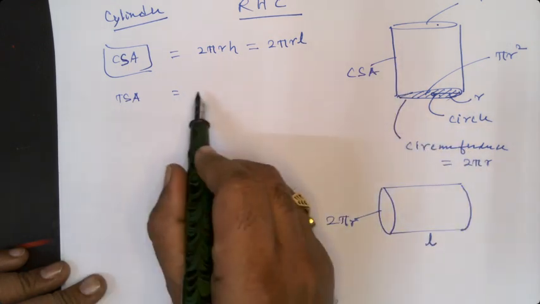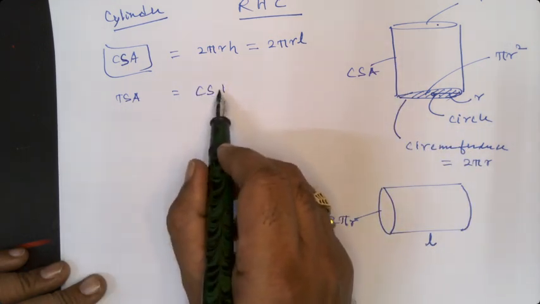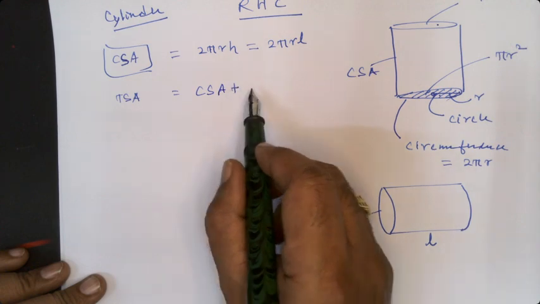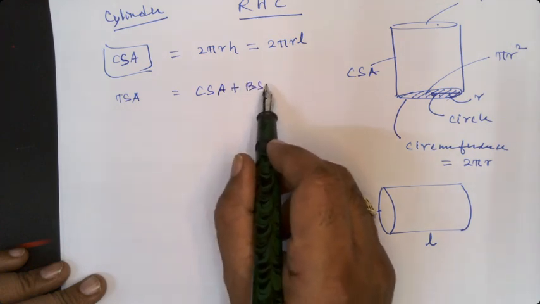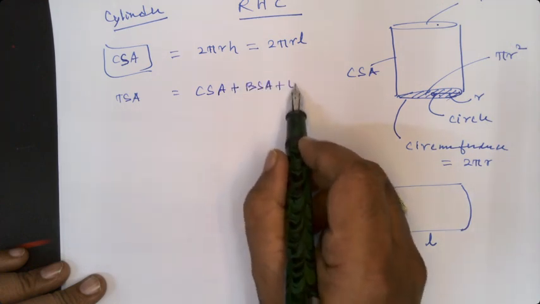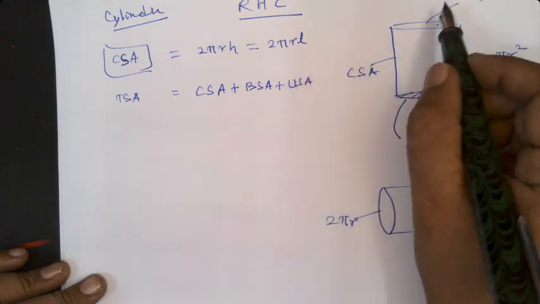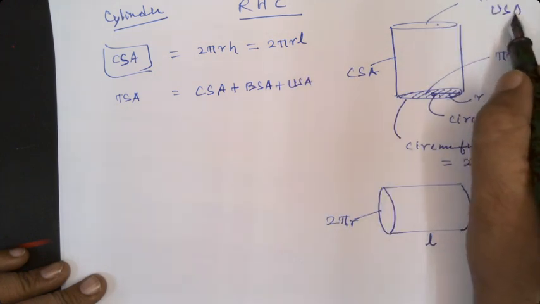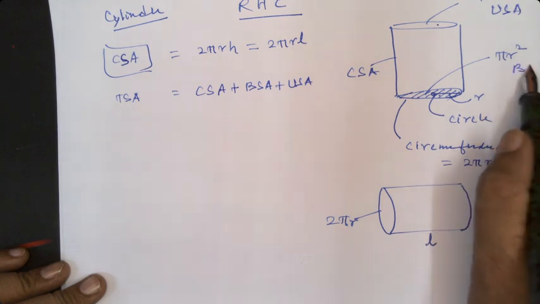Now what is the total surface area? CSA plus bottom surface area plus upper surface area. You can call it USA, and this is BSA.